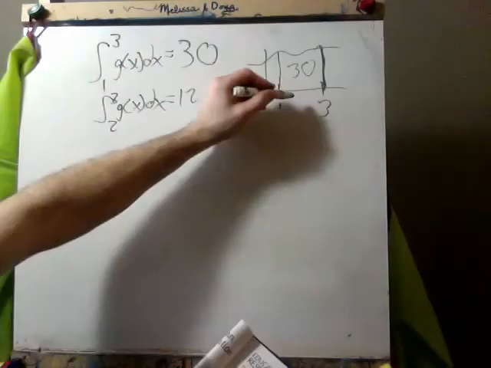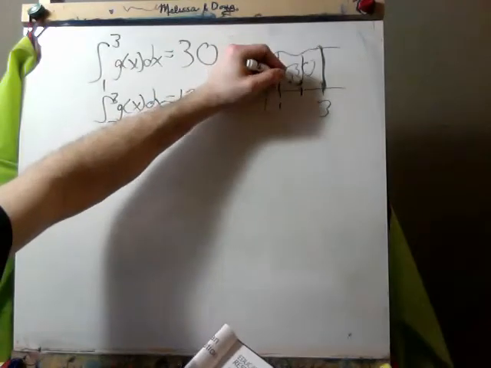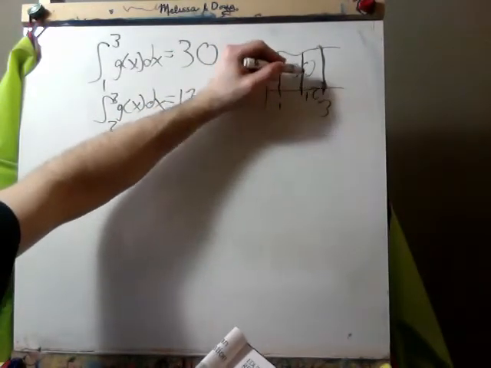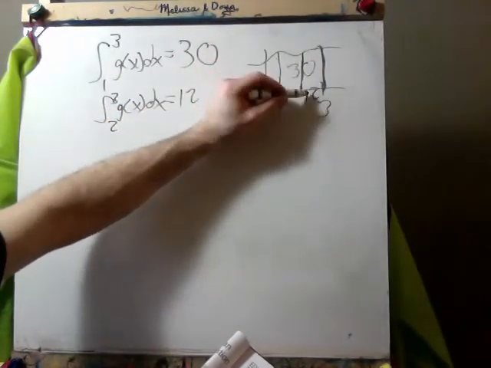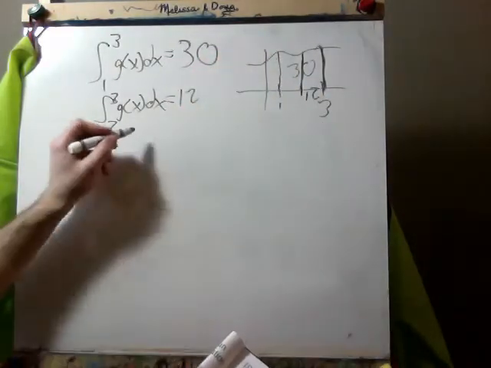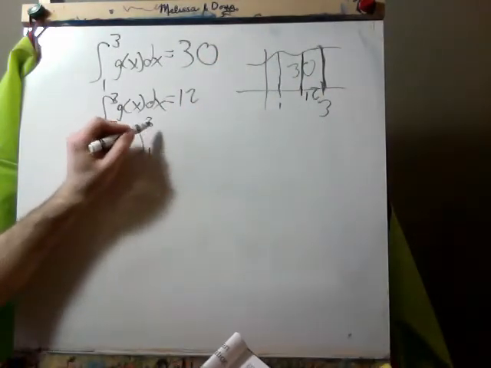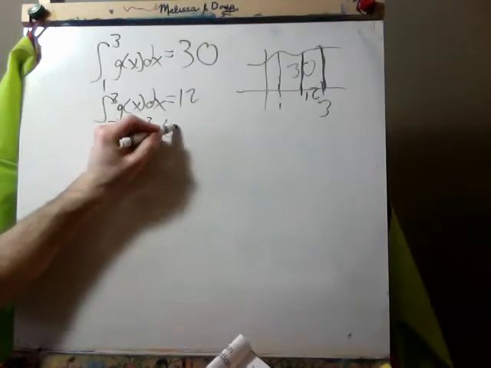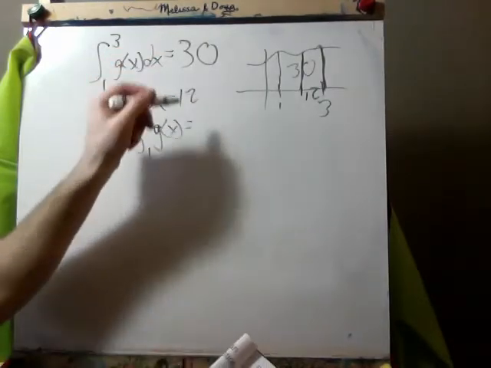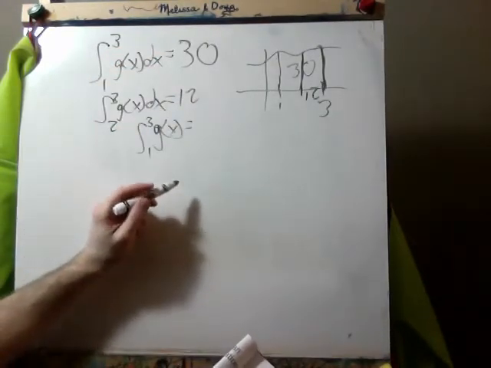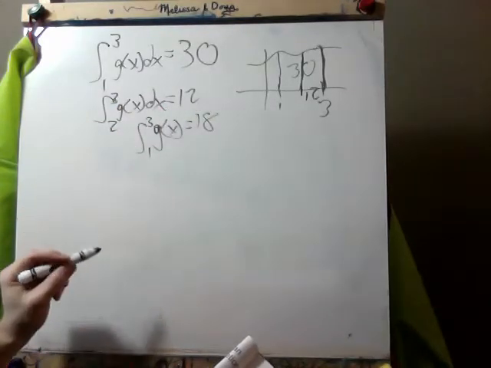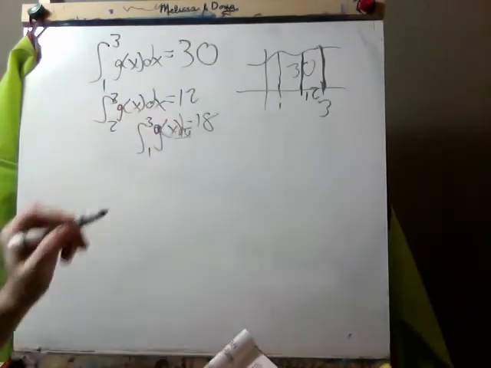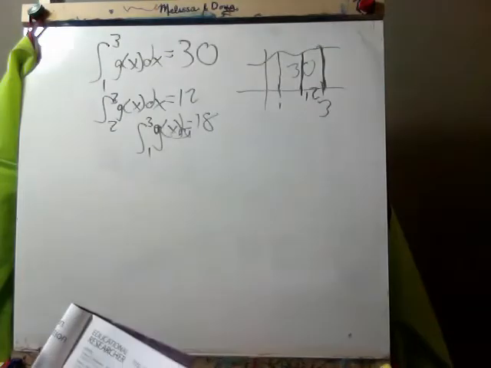Well, from 2 to 3, that's from here to here, that's the area under here. So if this much is 12 under here, then that's just 30 minus 12 to get this piece over here. So I would be able to tell what 1 to 3 of g of x dx is. It's just the subtraction problem there, which is 18. Alright, that makes sense?